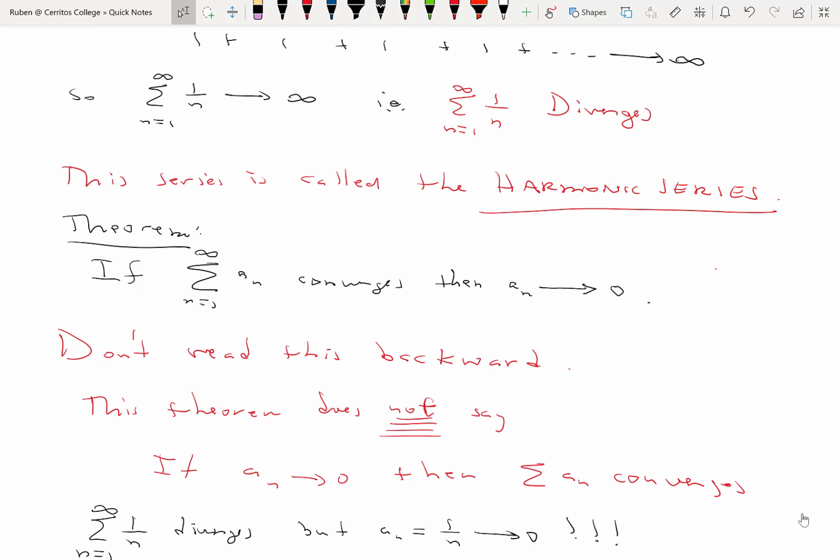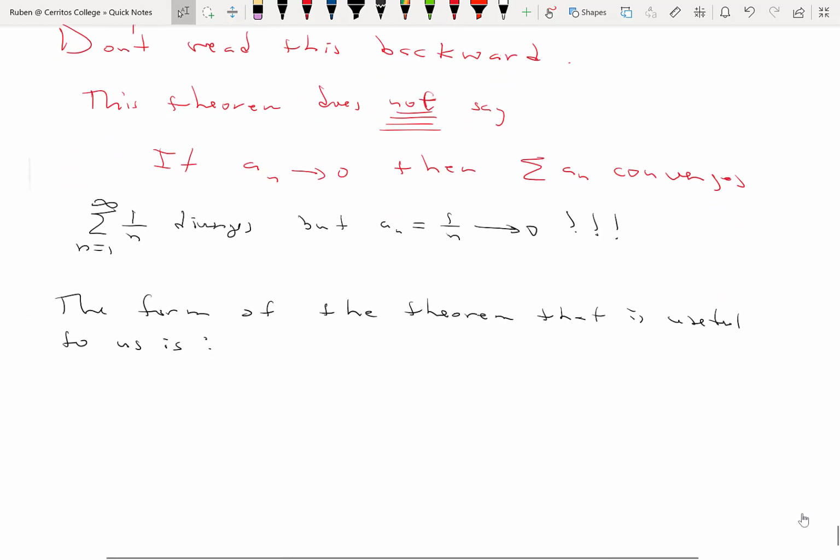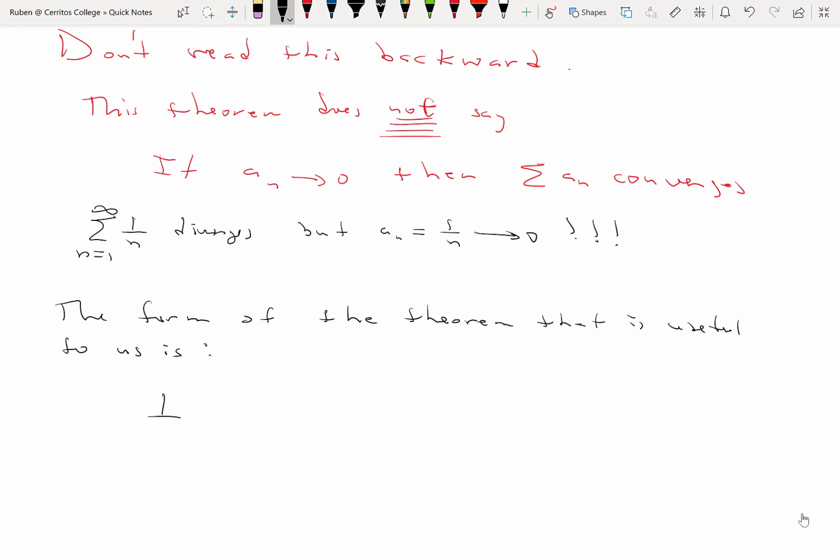So the theorem says, if a series converges, then the general term approaches 0. So if the general term does not approach 0, then the series diverges.